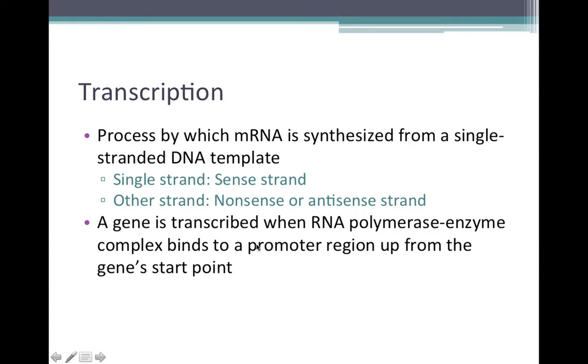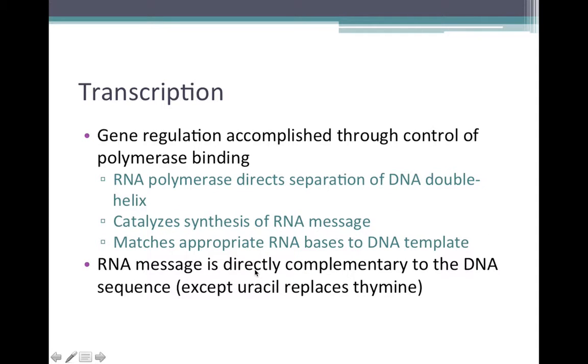And this gene is transcribed when something called RNA polymerase copies DNA into messenger RNA. Now, what happens then is this RNA polymerase basically can separate your DNA double helix, and it can convert DNA into messenger RNA. And messenger RNA is complementary to that DNA genome in the sense that it has sort of the same genetic sequence.